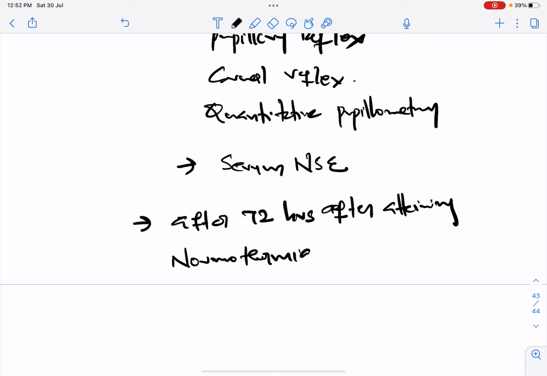Immediately after attaining ROSC, if the patient is in a comatose state, he will be managed with TTM.